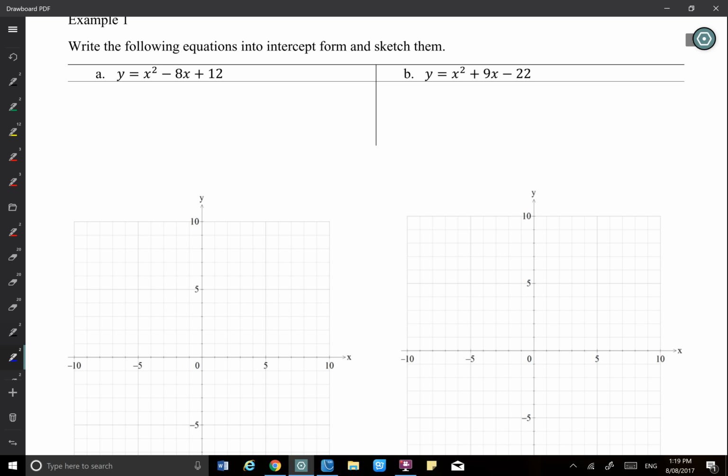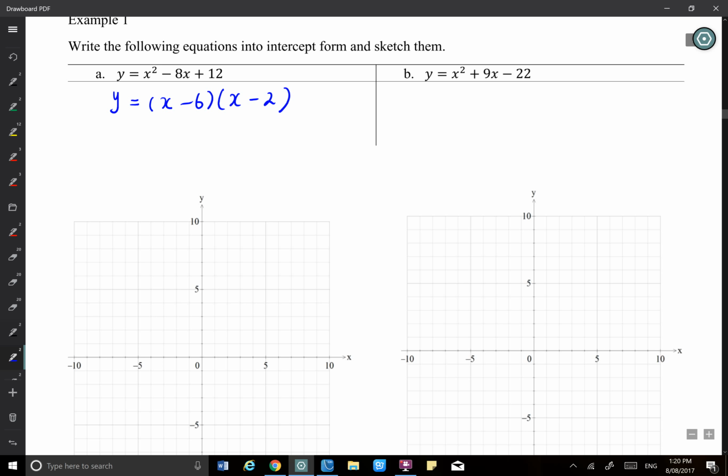If we want to sketch that one, I want to factorize it. What's the factorized form? x minus 6 and x minus 2.